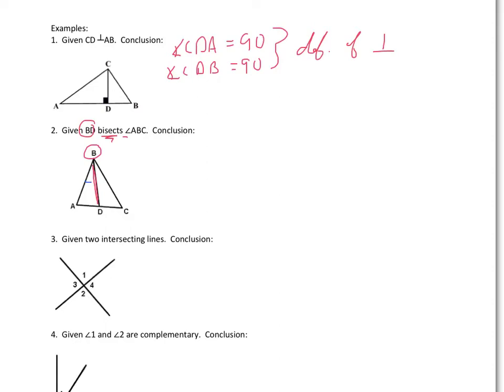That means this angle will equal this angle. So we can say that angle ABD is equal to angle CBD. And this is by definition of bisector.